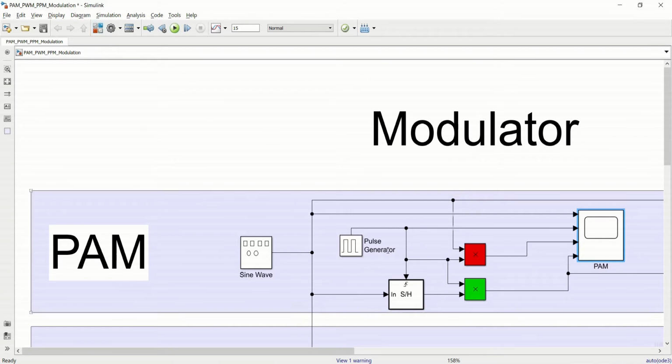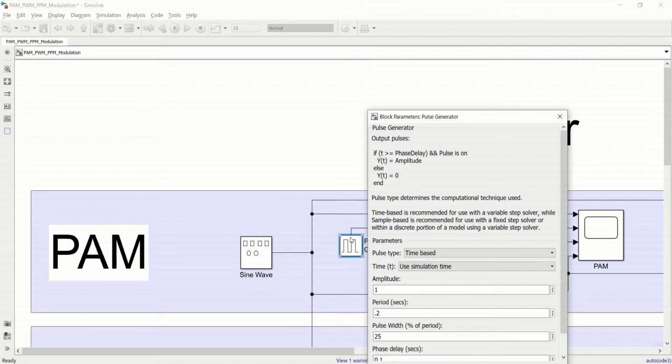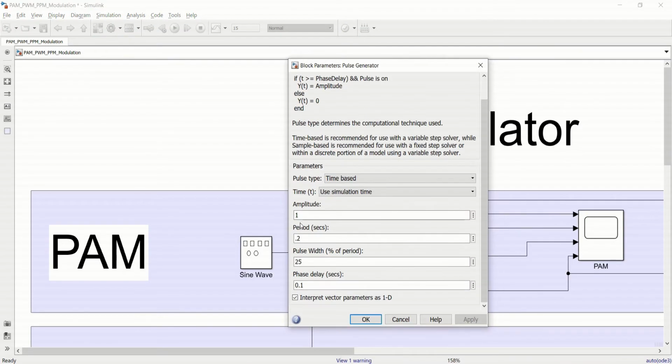Next we have the pulse generator, which has an amplitude of 1, and we set the time period to 0.2 seconds and the pulse width of 25%, and then we have a phase delay of 0.1 second.